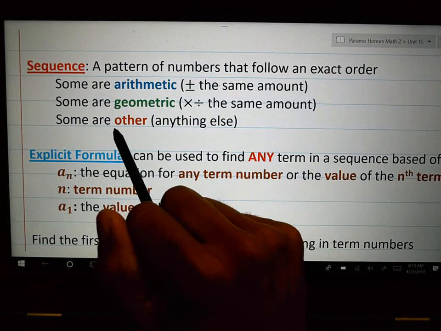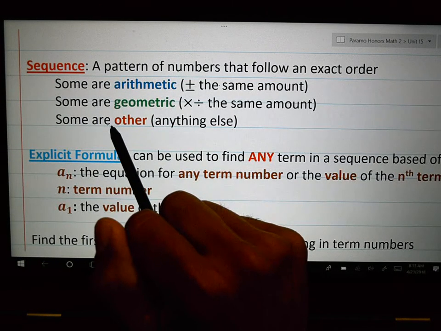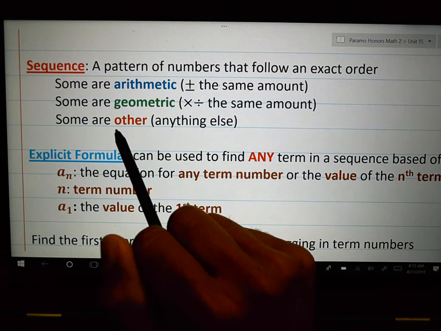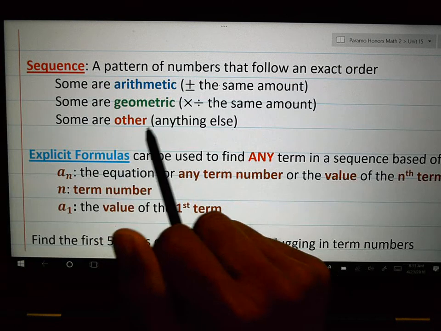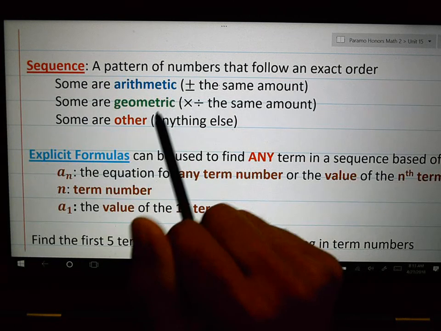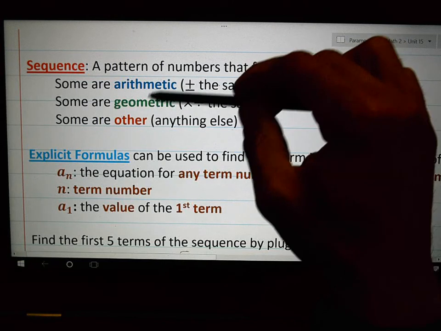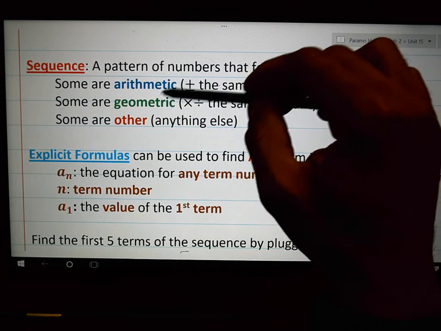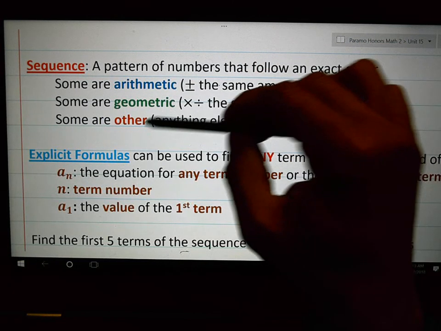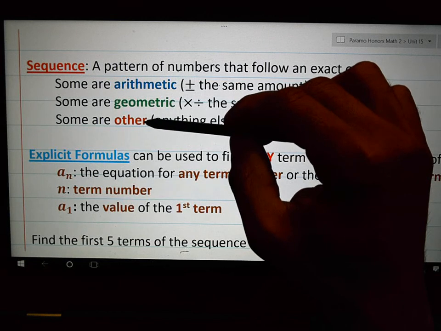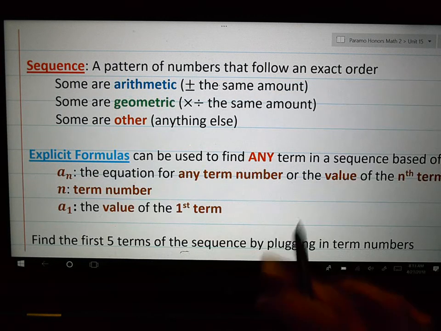And there are others. Some that use squares, some that have exponential things going on. Anything else is considered other, and we are going to be primarily dealing with the differences between these two things, but there'll be a couple of these in the worksheet today.